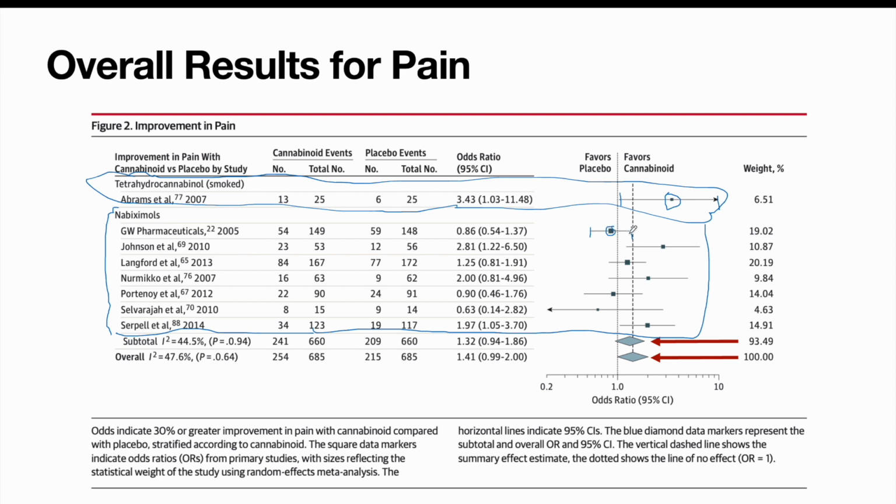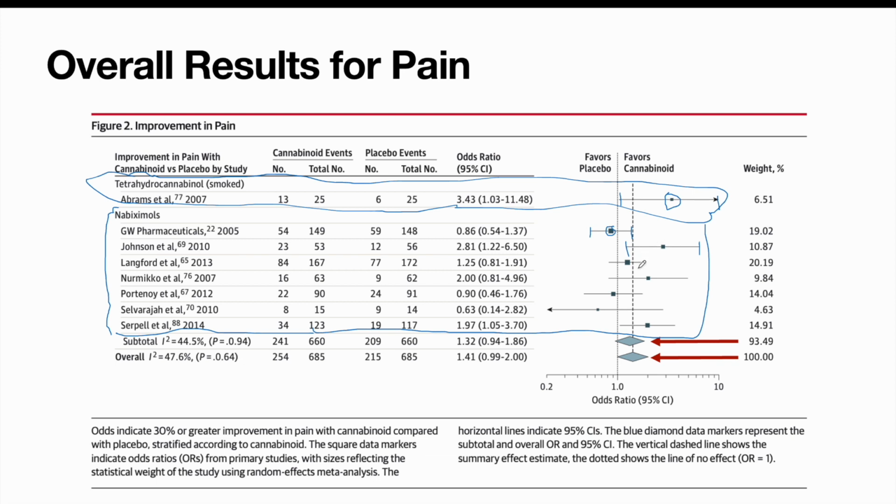So our results there don't give us a very clear picture that this nabiximol either works or doesn't work with pain. However, the Johnson one, the mean and the 95% confidence interval fall completely to the right of the one. So that's pretty strong evidence that that particular therapy is favorable for the outcome, for the improvement in pain.